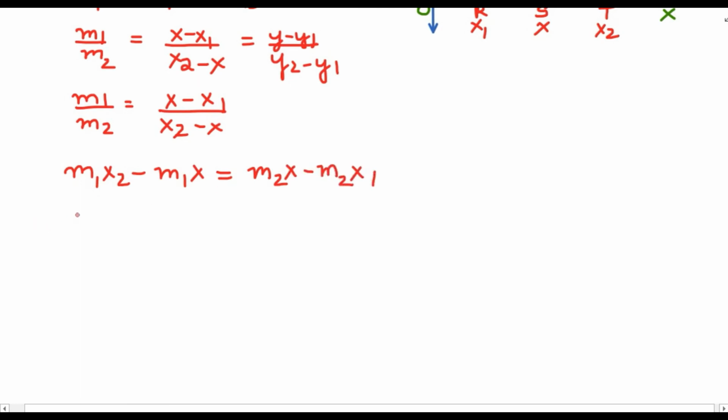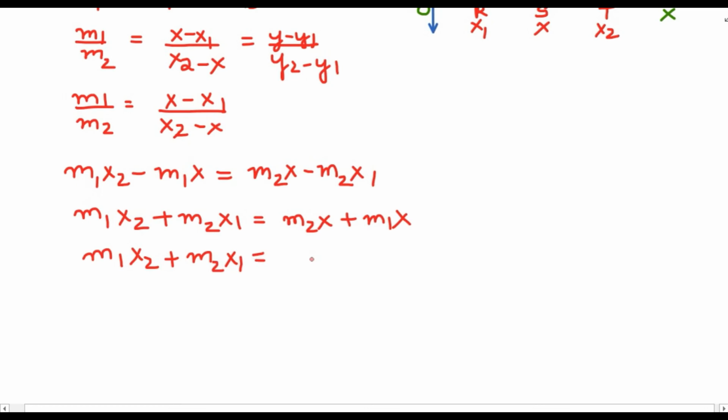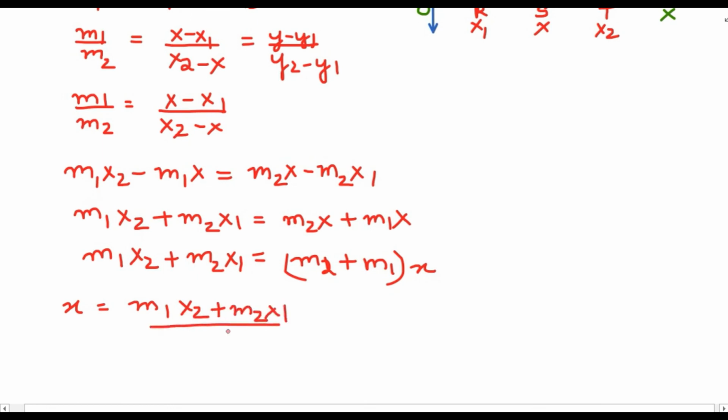So bring the x terms to one side. m1 x2 plus m2 x1 equals m2 x plus m1 x. Here x is common, so I will take x outside, which is m2 plus m1 into x. So x is nothing but m1 x2 plus m2 x1 divided by m1 plus m2.